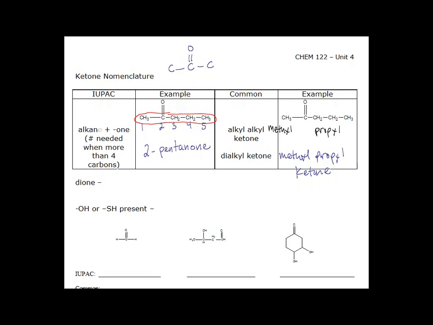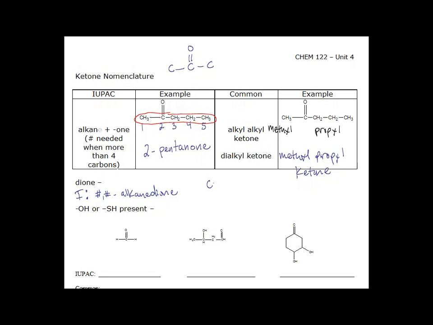Now, just like with aldehydes, you can have 2 ketones, so a dione. So the IUPAC nomenclature for diones would be, since ketones can be in the middle of molecules, you have to put a number. So number, alkane, dione.